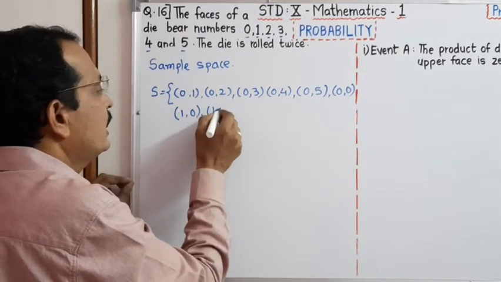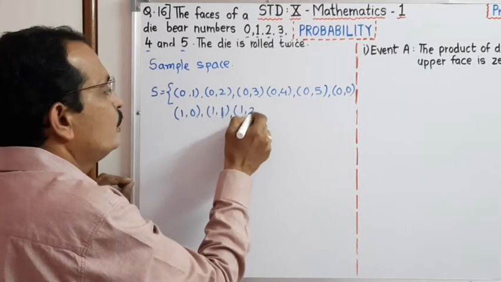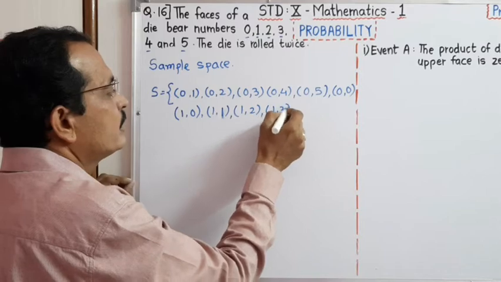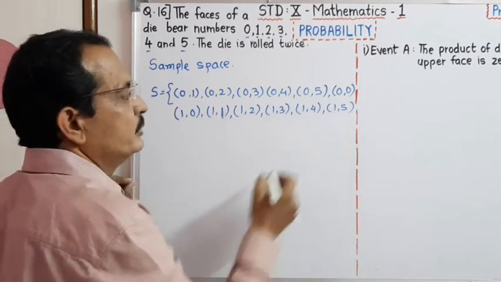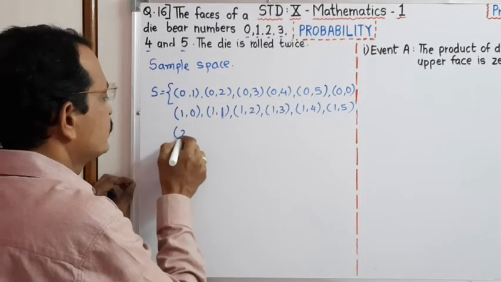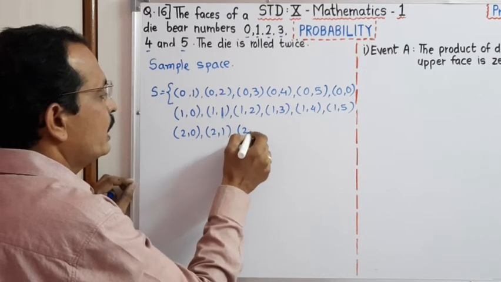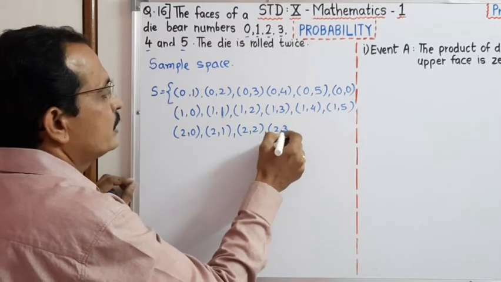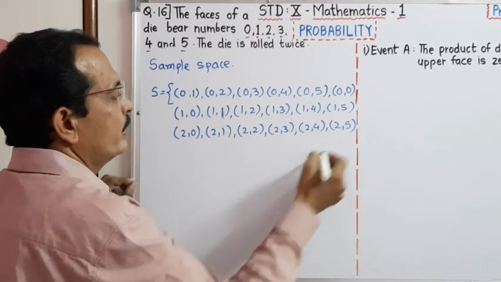It is 1 and 1, 1 and 2, 1 and 3, 1 and 4 and 1 and 5 like this. Now see, here it is 2 and 0, 2 and 1, 2 and 2, 2 and 3, 2 and 4, it is 2 and 5.